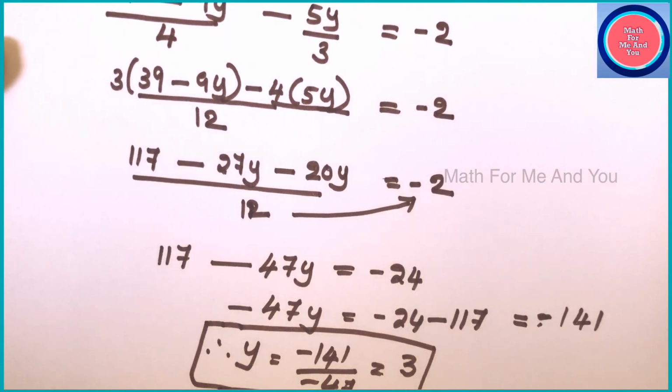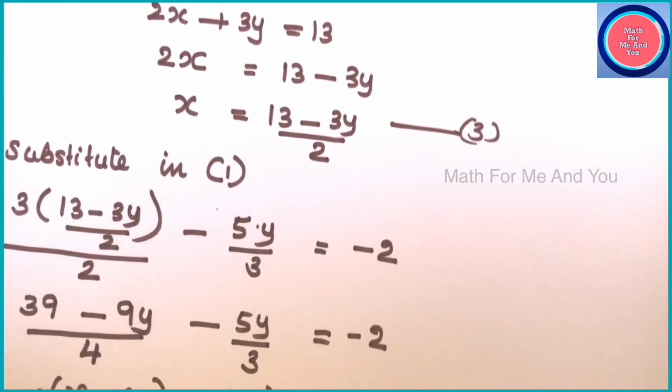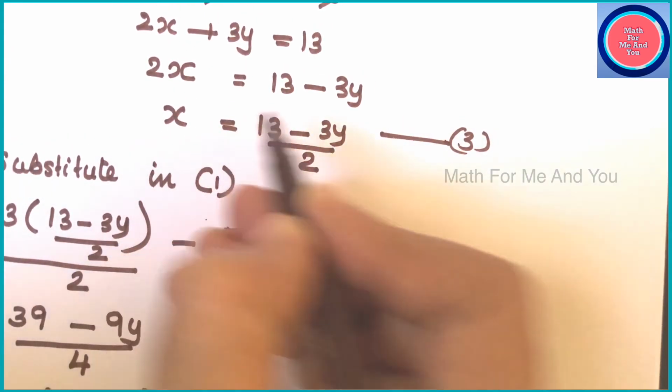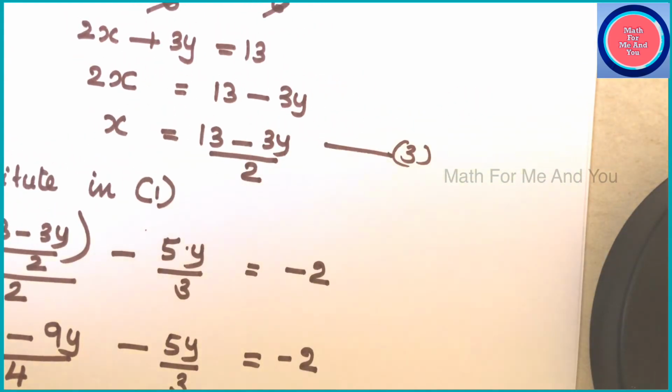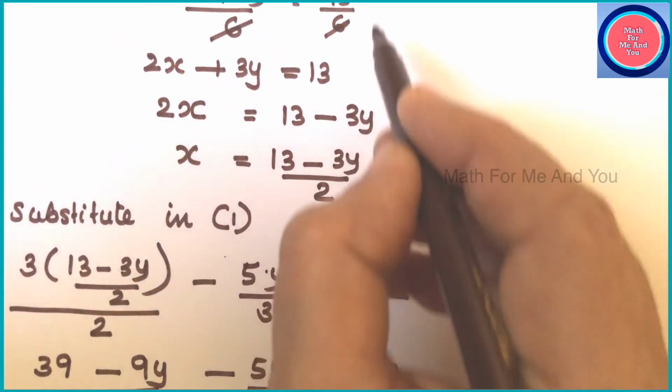How to find the value of x? Substitute in any of the equations. But which equation is easier to get x? It is equation number 3. We can substitute over there. x equals 13 minus 3y over 2. Put y as 3.